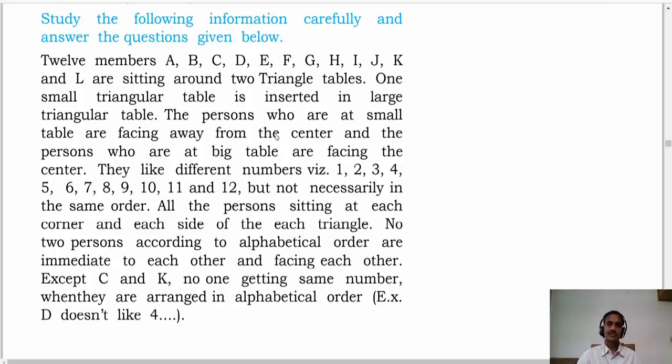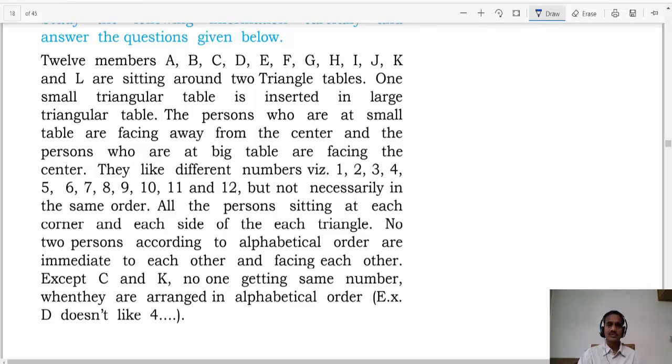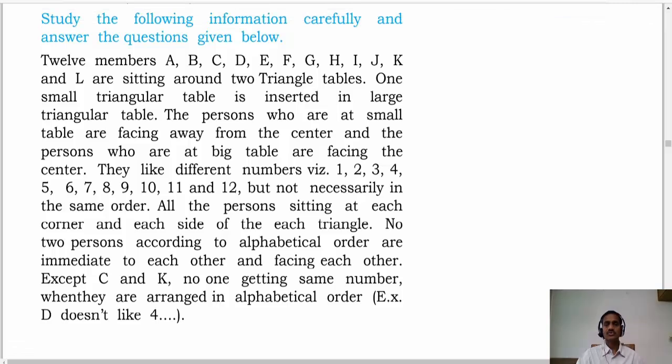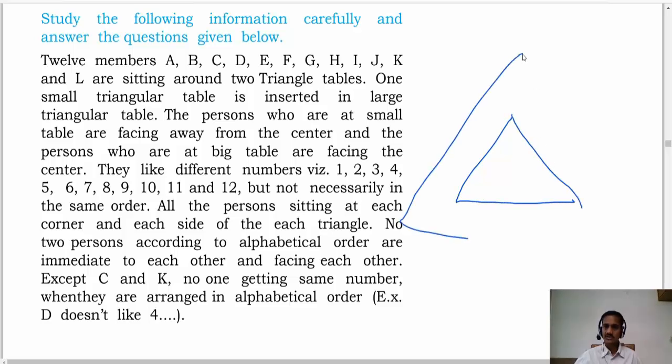Now these 12 members A, B, C, D, E, F, G, H, I, J, K and L. These 12 members are sitting in 2 triangle tables. How many tables we have? 2 triangle tables. One smaller triangle table is inserted in the larger table. Okay? Smaller one is inserted in the larger one. Now this is one table and the other table is like this, longer table.